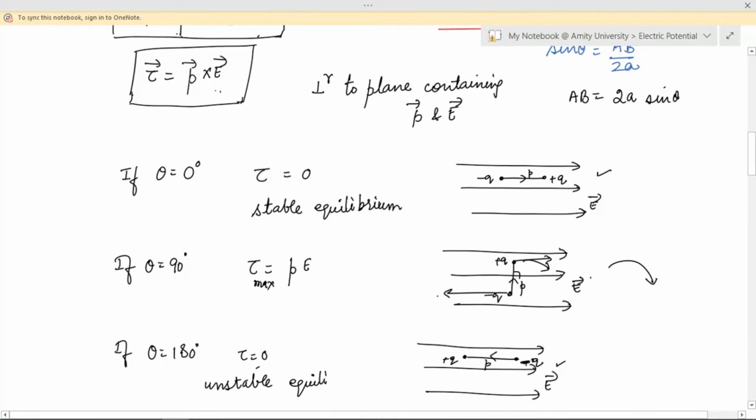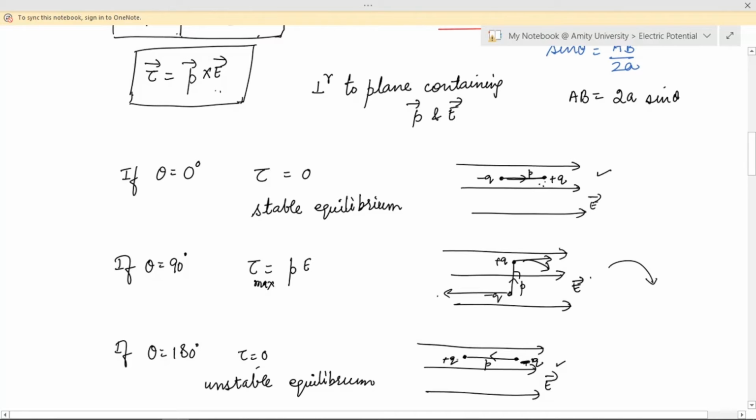And we very well know the difference between the two states discussed previously also. Stable equilibrium is a state in which, when the dipole is oriented through a very small angle from its equilibrium state, then just after removal of the external torque, it will return back to its original configuration.